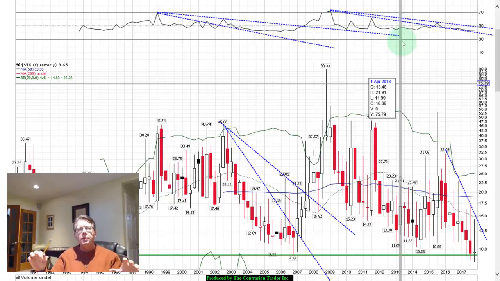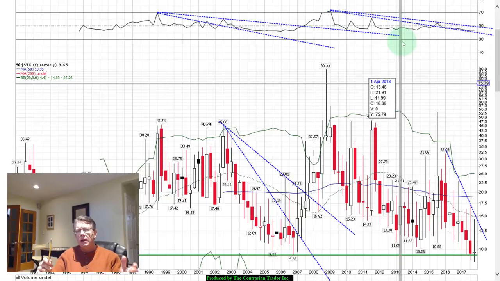Sure. The problem is this: remember that the VIX trades inversely of the S&P 500. We'll go to a chart of the S&P 500 in a moment, but we do trade inversely of it on the VIX. So if the VIX rallies, that means the S&P 500 is going to go lower quickly.